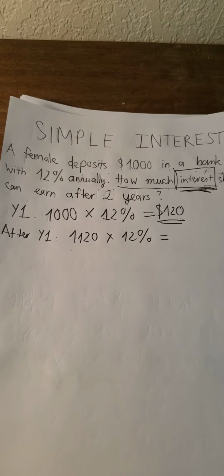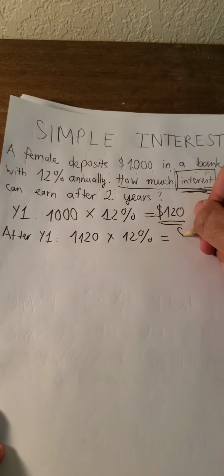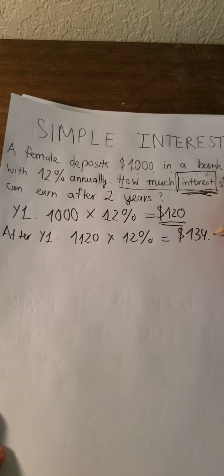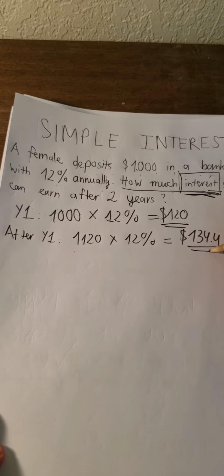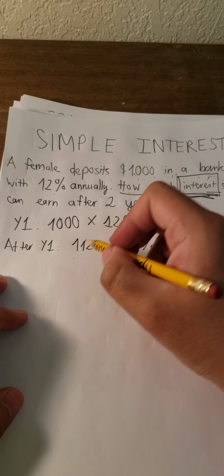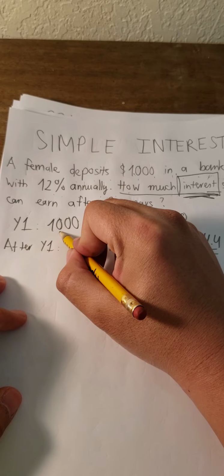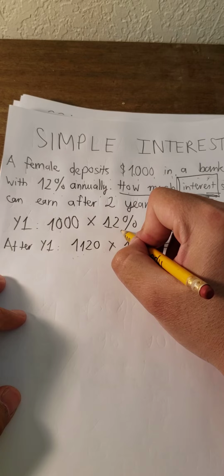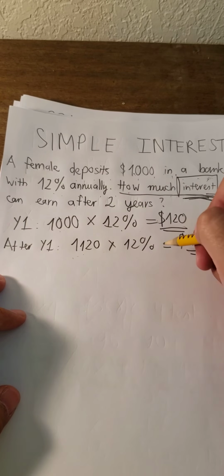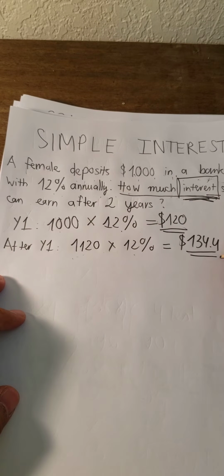So that we will have the interest. It should be $134.4, because after 1 year we need to add the original money plus the interest from year 1 to find the interest for the next year.